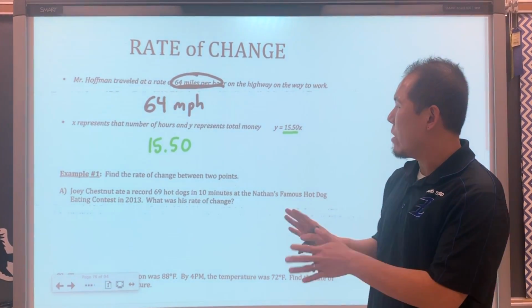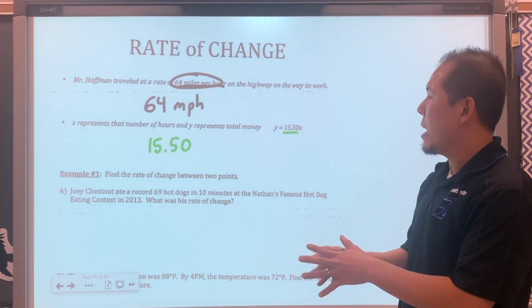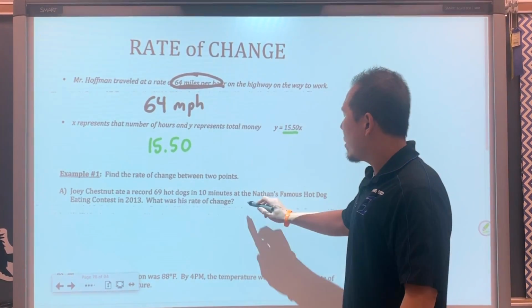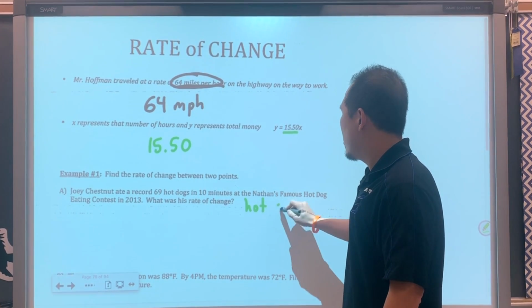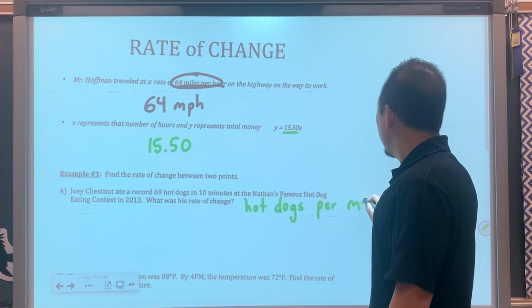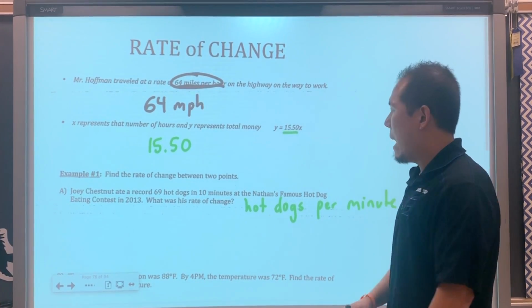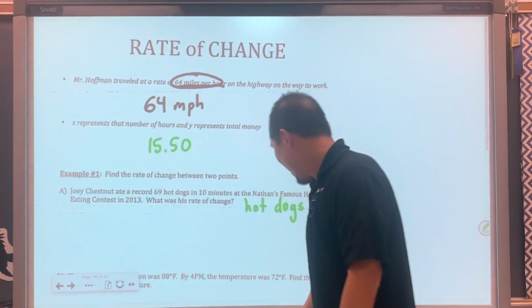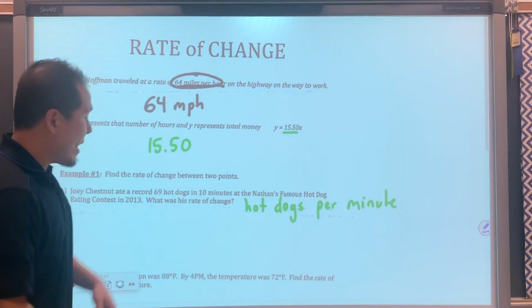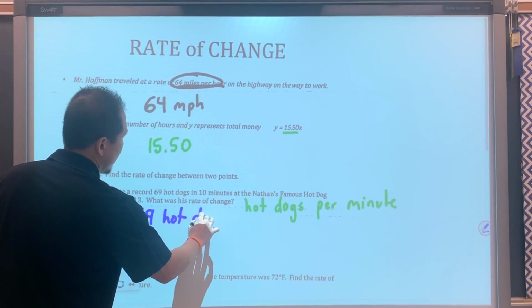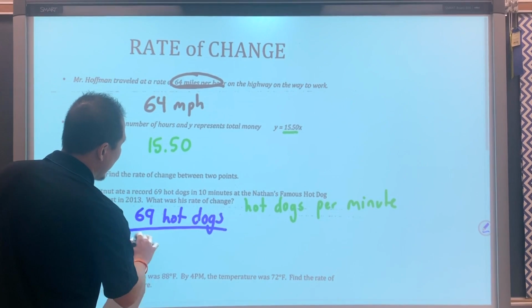Well, notice it's not really there. There's nothing there telling us per minute. So we actually have to do some math. So I'm looking for the hot dogs per minute. So how much does he eat per minute? We know that he ate a total of 69 hot dogs in 10 minutes.